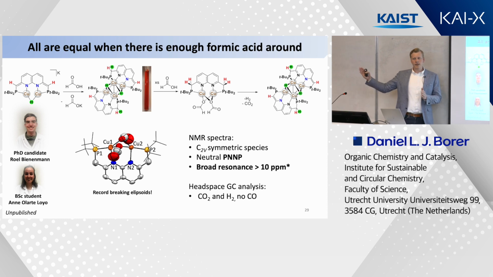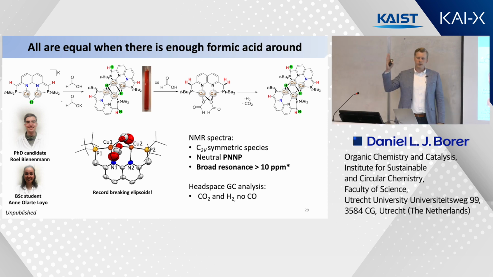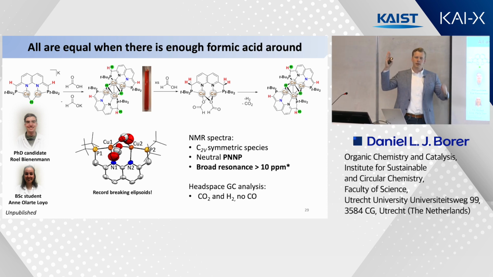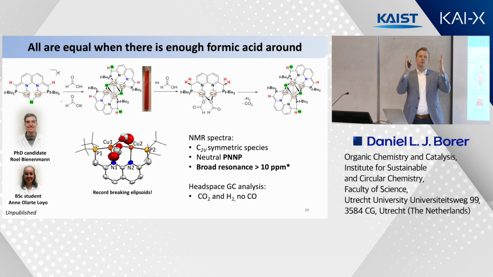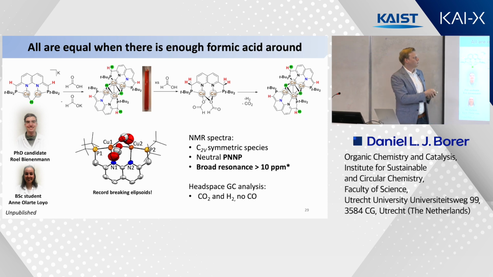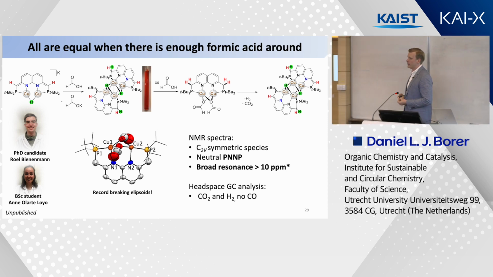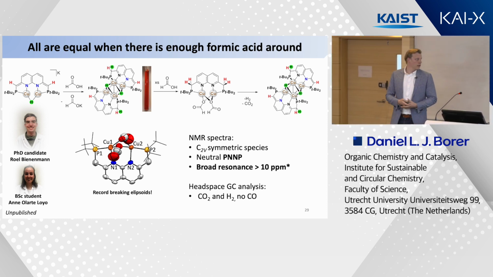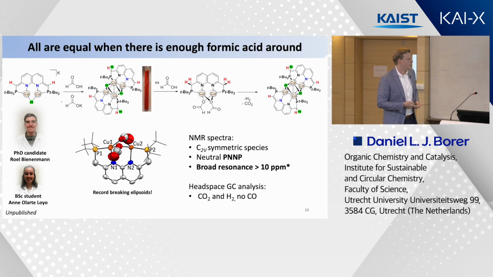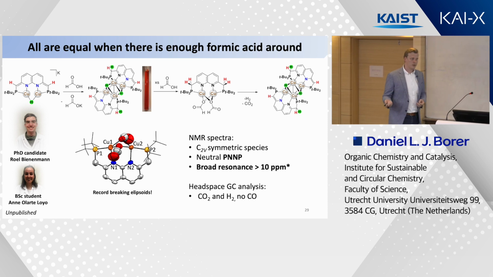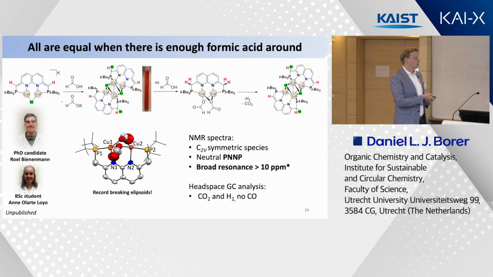So if you have a lot of formic acid around, the resonance is at where you would expect formic acid, but as the reaction progresses, it slowly moves towards the formate complex. And once we have the formate complex, that does another formic acid dehydrogenation to make the tetra copper dihydride that we have. A headspace GC analysis shows that we only form CO2 and hydrogen and no CO.